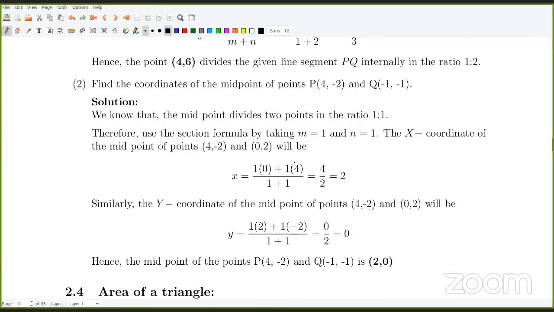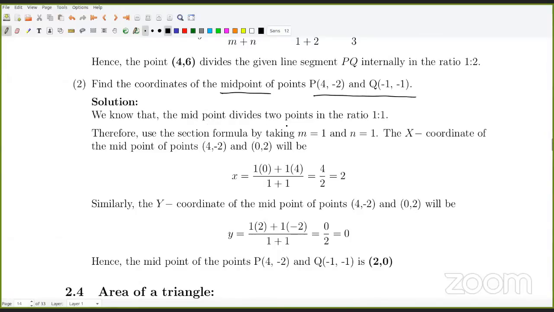Okay. Now the question can be like this: find the coordinates of the midpoint of the points P and Q. So when I say that, I didn't give the ratio. Sir, it is midpoint, we can just add and divide by 2. Yeah. Midpoint means we have actually given the ratio invisibly.